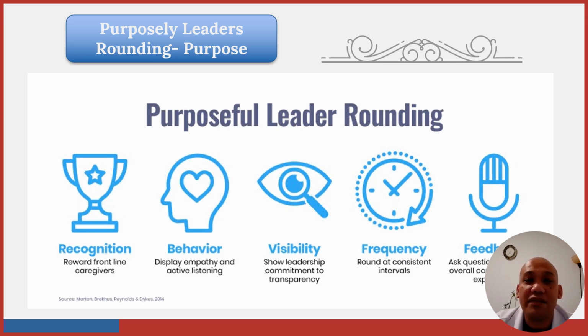Then fourth is frequency. So round at consistent intervals. Ideally, leaders round must be done every day. And then lastly is feedback. It's the best time for them to ask for feedback on the hospital services, the experience that they have, or any suggestions that they can give to improve patient experience as well as hospital services.